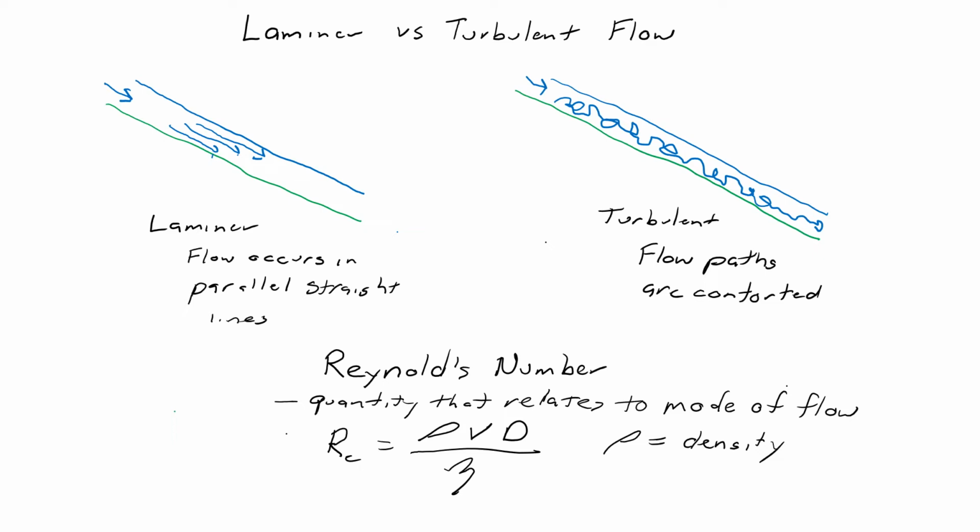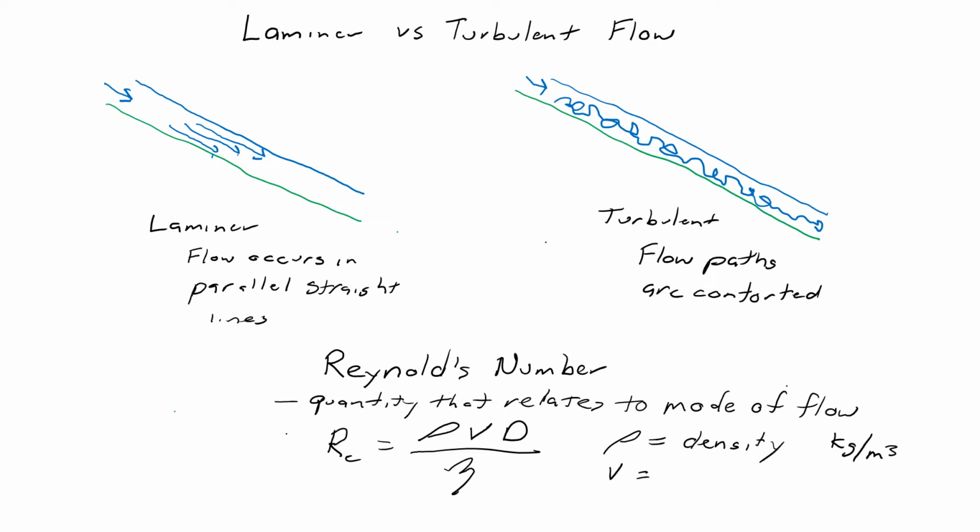Density is the mass per, it's how much mass is in a volume, right? In a space. So we can do kilograms for mass, and we can do something like meters cubed. It could be grams per cubic centimeter, but we'll keep it in the MKS system here.